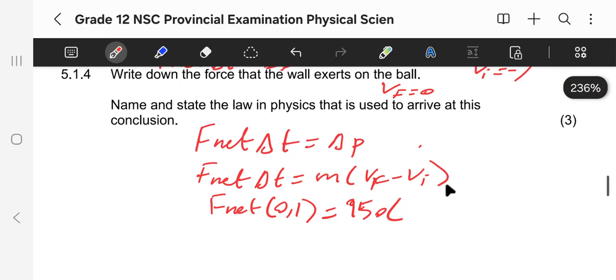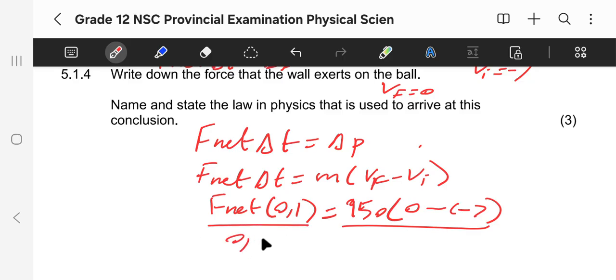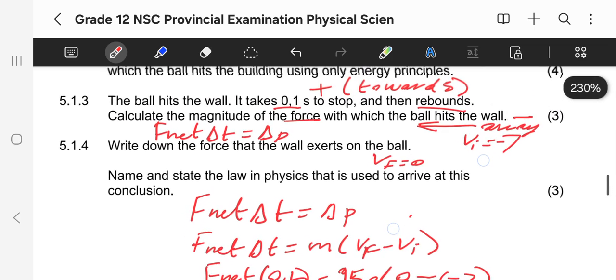Okay, so when I substitute here, my final velocity is going to be 0 and the initial velocity will be negative times negative 7, and this will obviously be a positive value, and then I'm just going to divide by 0.1 on both sides. If I divide by 0.1 on both sides, the answer I should get is 66,500 newtons. I hope, guys, it makes sense.